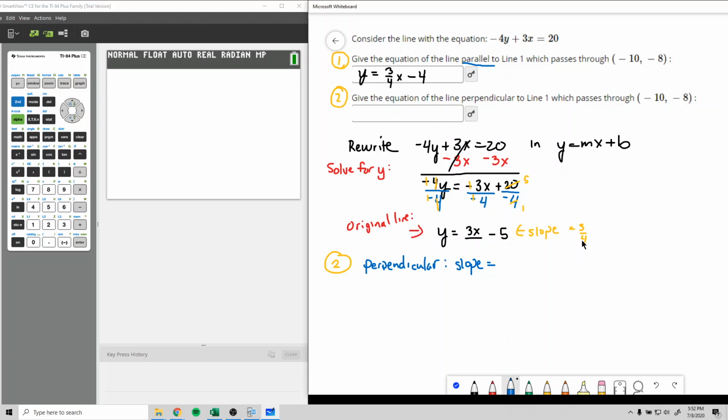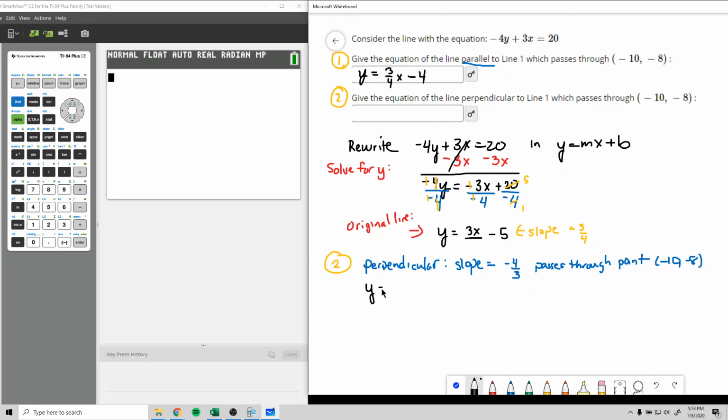So we add a negative sign there because there's not one already, and we flip the fraction. The slope of our line is negative 4 over 3, and it's going to pass through the point (-10, -8). Same thing: once you have the slope and the point, you go through the process like you did before.